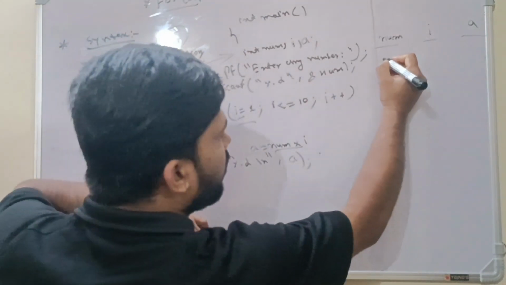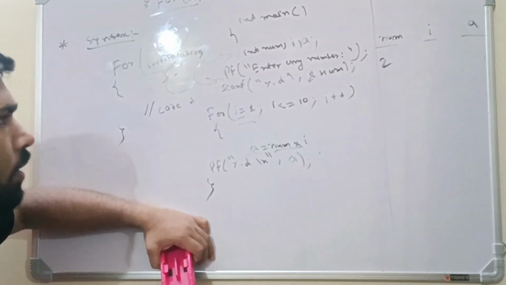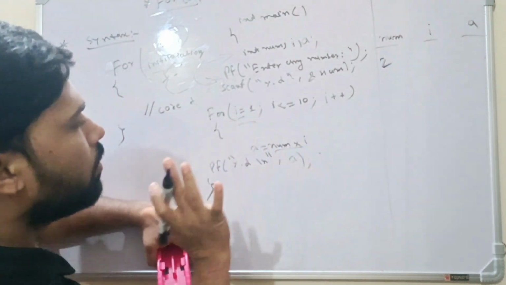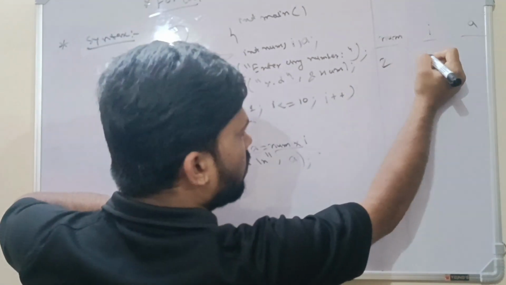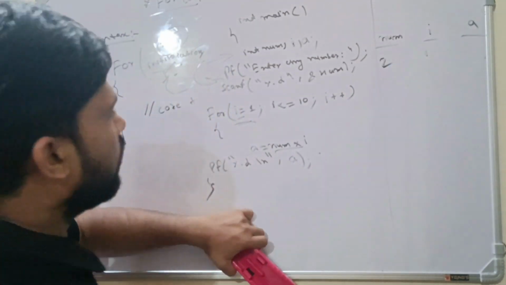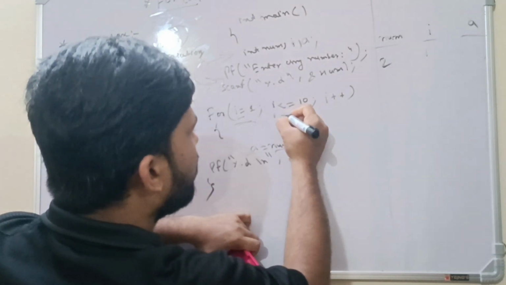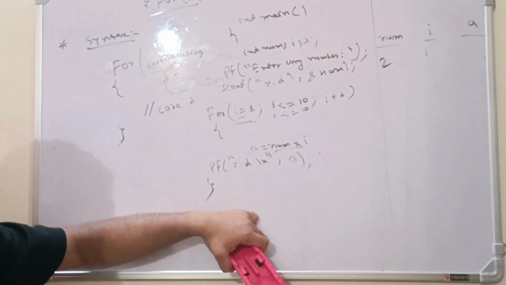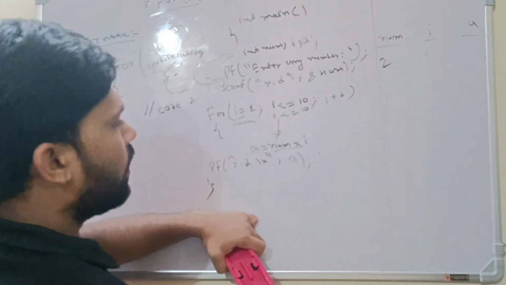Here we take the number as 2. Next the controller will come here and check the condition. i = 1, fine. Now i is less than or equal to 10; i is 1, so 1 is less than or equal to 10, true. Then the compiler will come and print here.